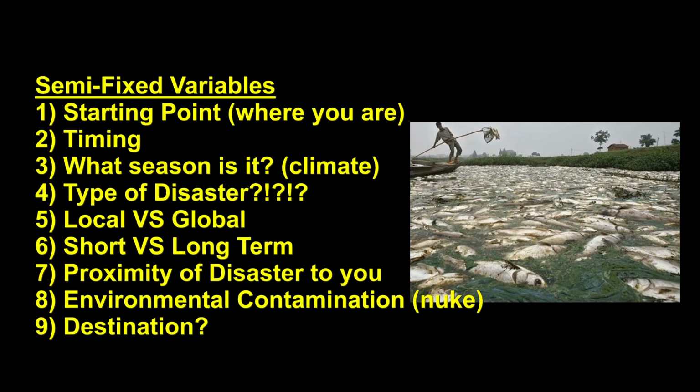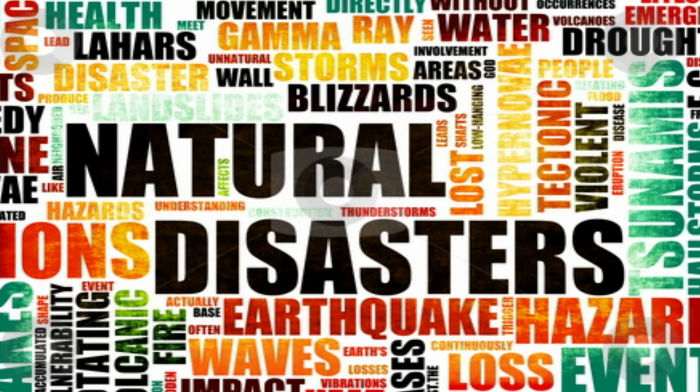Next is going to be the timing. So, if it catches you off guard, where you are, where your family members are, the climate, the time of year, the season is going to be a huge factor. And of course, the type of disaster is going to be absolutely critical in determining whether or not you bug out indefinitely or you bug in.